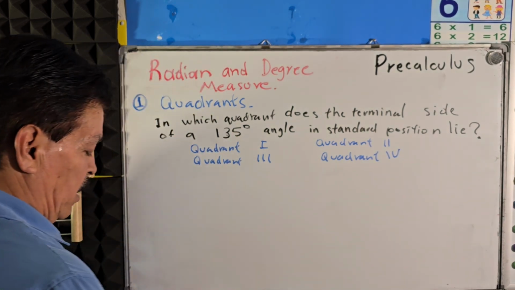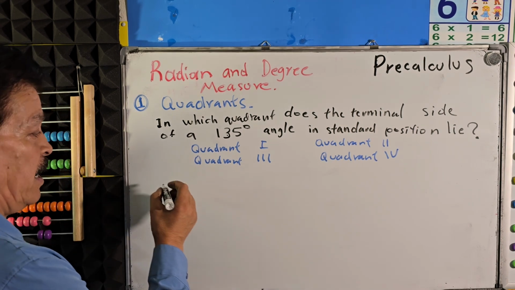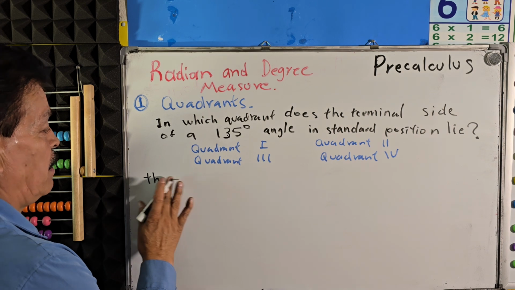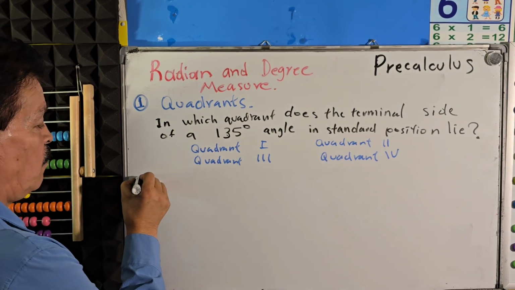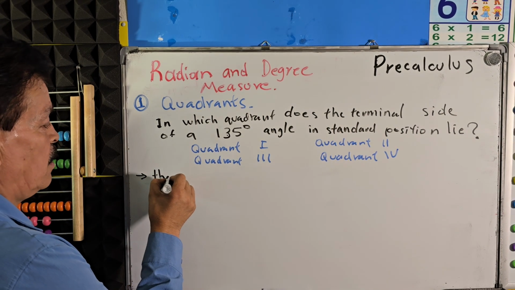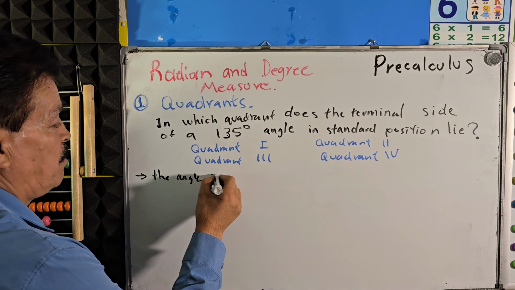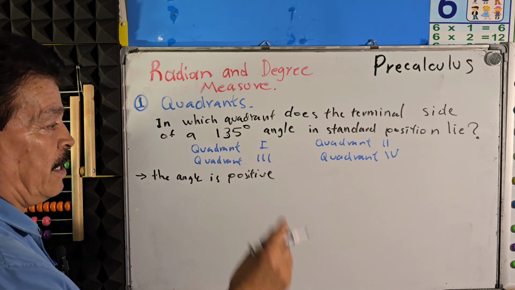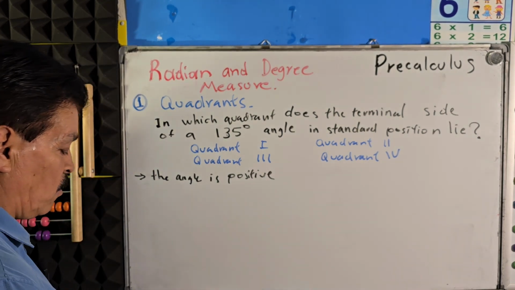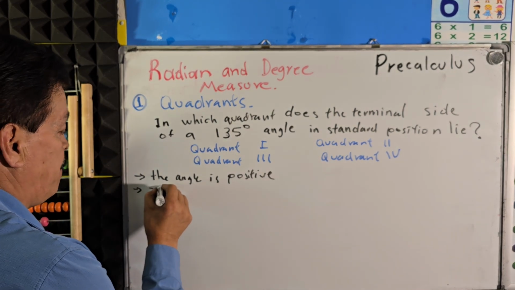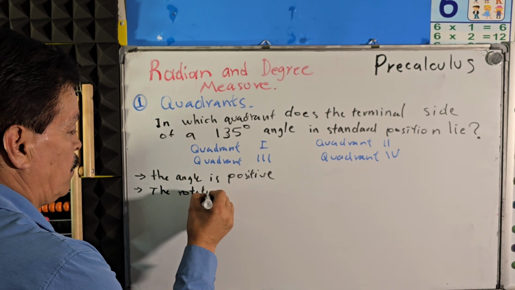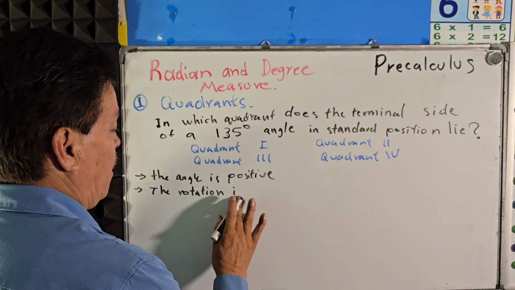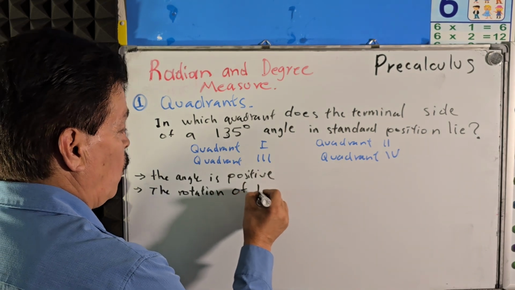Therefore, the rotation is counterclockwise. Let's write: the angle is positive. The second one, the rotation of 135.